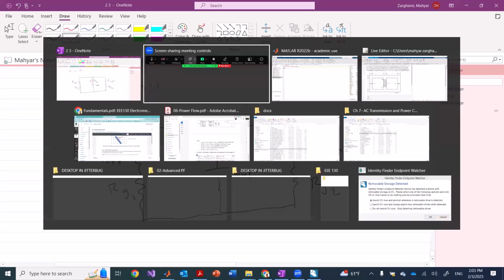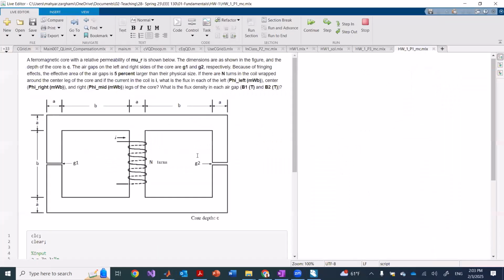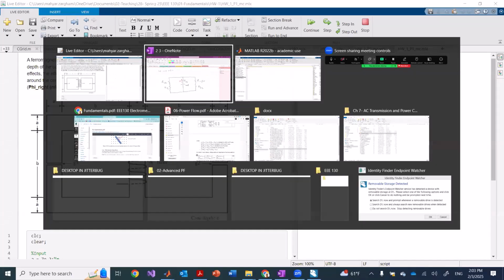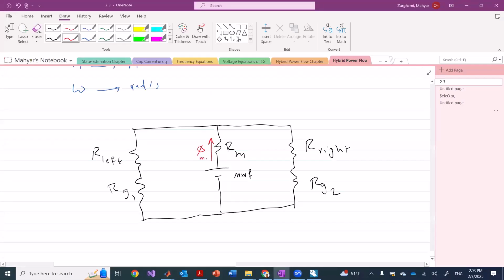Phi on the right, phi on the left, phi on the middle. So this is phi in the middle. These will be divided into phi on the right and phi on the left. This is right. The other one is left.